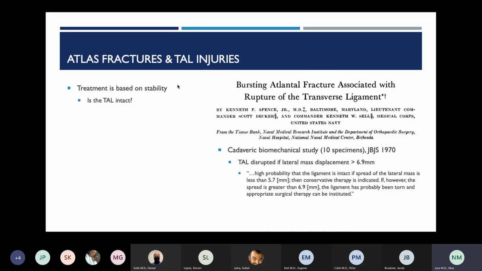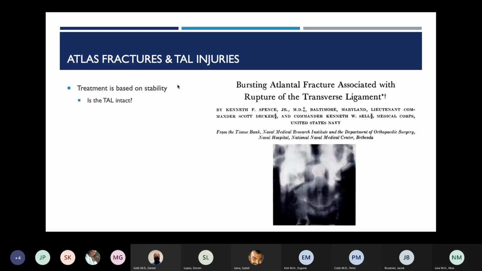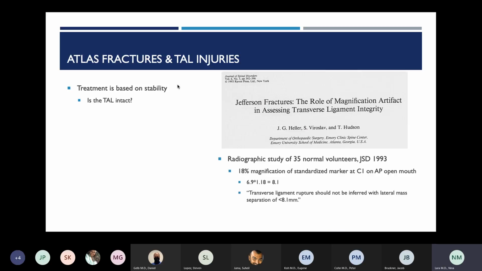So this has historically been based on a study in the 70s that determines, is the TAL intact? It's a cadaveric study, and they just looked at 10 specimens and determined that there is a high probability of ligament rupture if the sum is greater than 6.9 displaced. So there's another study, let me see if this is it, here, that looked at magnification and how it impacted the measurements of the lateral mass overhang.